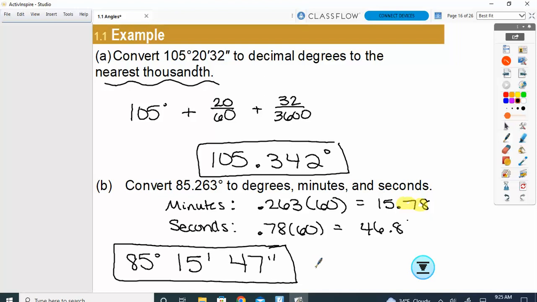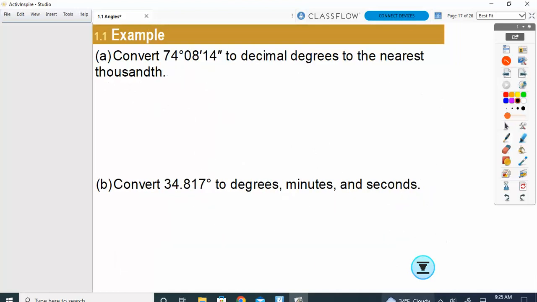Did I lose anybody here? I'm gonna try a couple. There's one of each for you to try your conversions. So the first one, we have 74 degrees.